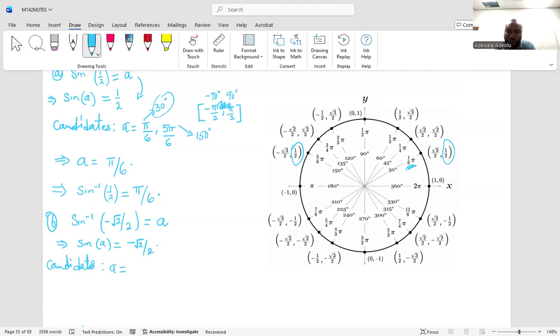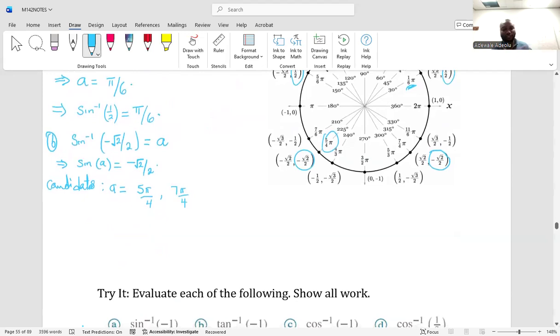Negative root 2 over 2 for sine, that is the y value. Here is one, negative root 2 over 2, and here is another one. So I have it at 5 pi over 4, and I have it at 7 pi over 4.